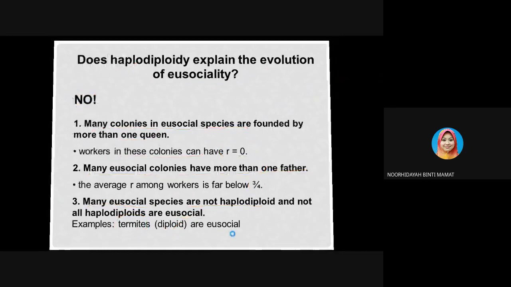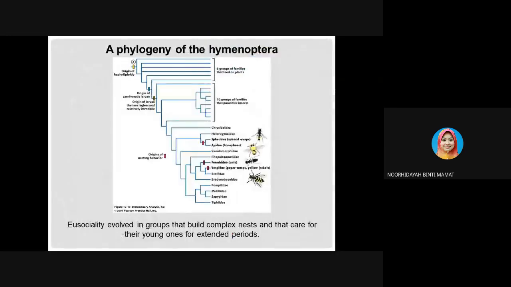This is the phylogeny of the Hymenoptera, as you can see here. Eusociality evolved in groups that build compact nests and that care for their young for an extended period.